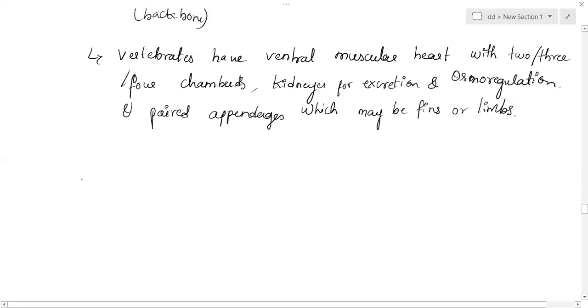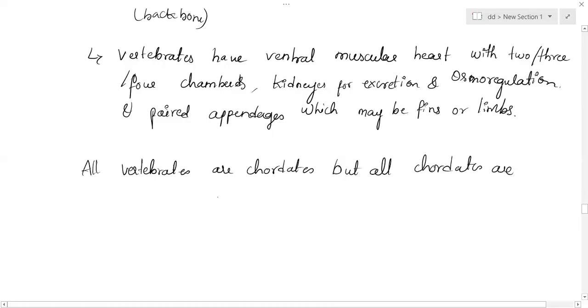So all vertebrates are chordates, but all chordates are not vertebrates.